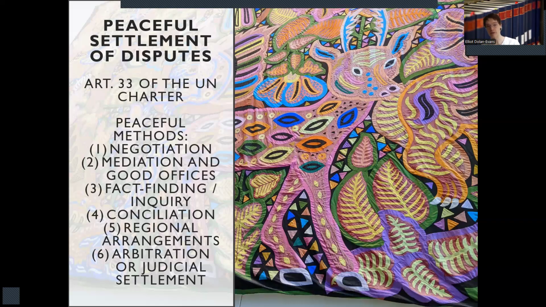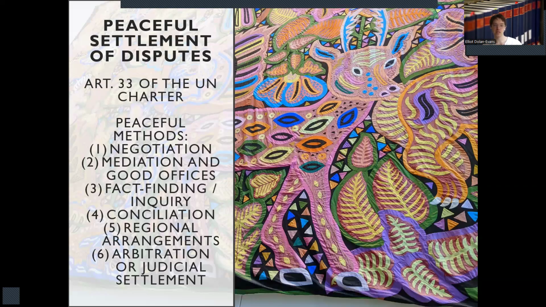But it is more common in multilateral treaties on lots of different topics that they can and often do provide conciliation, often in conjunction with other methods of settlement. States have been known as well to create ad hoc commissions when they're needed to address specific disputes.